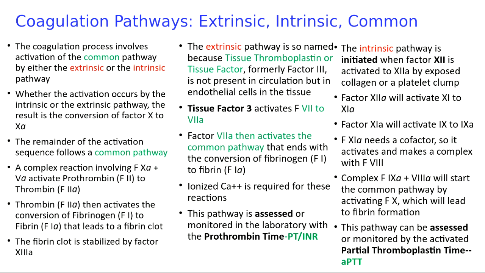The extrinsic pathway is very easy. There's only one. The intrinsic pathway is 12, 11, 9, and 8. The common pathway is 10, 5, 2, and 1. And you can see that in the picture of the coagulation cascade, but that information is also present here in slide number 10.